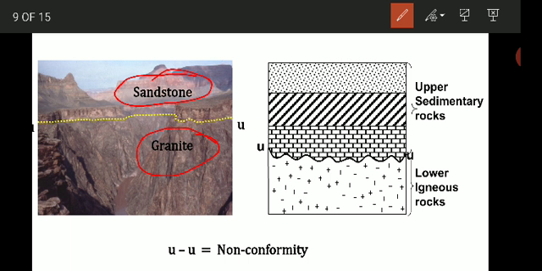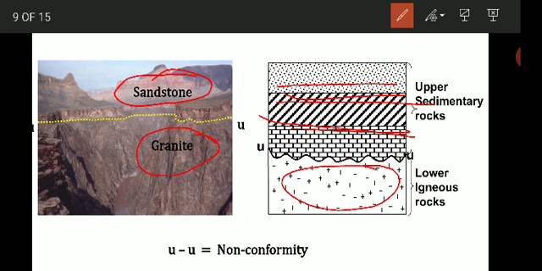So what is a non-conformity? The unconformity in which the older rock is of plutonic origin and is overlain unconformably by sedimentary rocks or volcanic rocks, which are also layered rocks. Such a type of unconformity is called the non-conformity. So this indicates there was a prolonged erosion that must have occurred before the exposure and burial of these rocks.